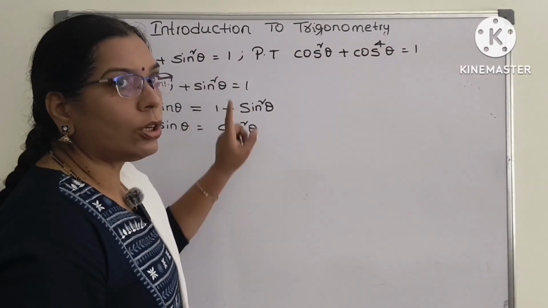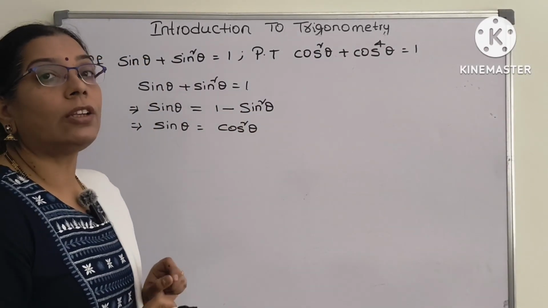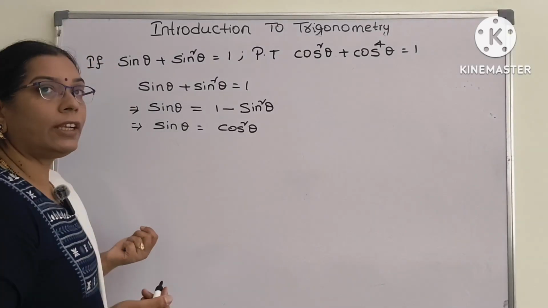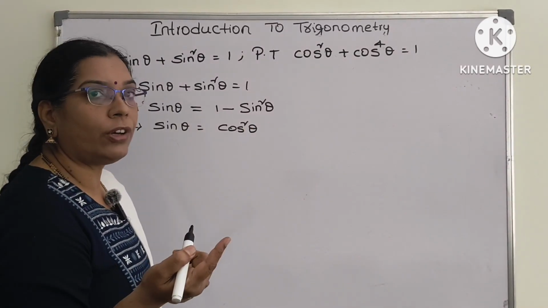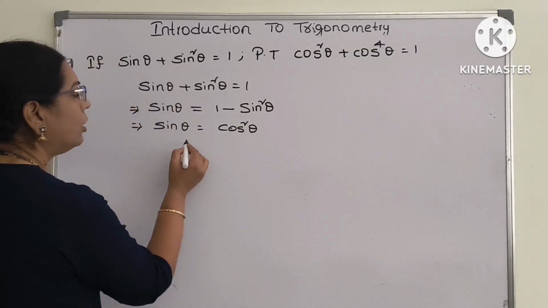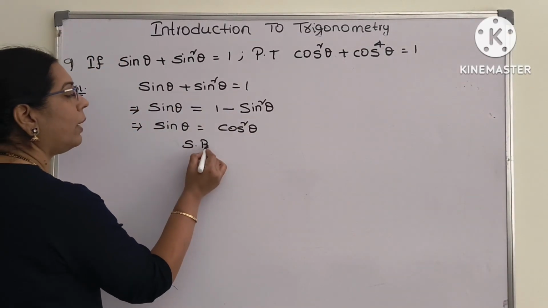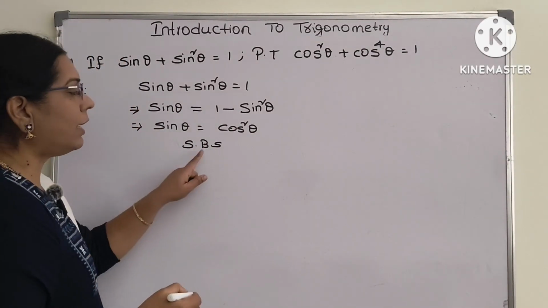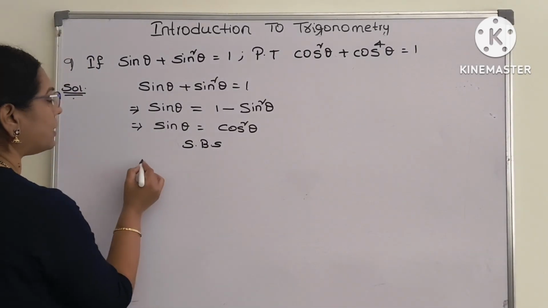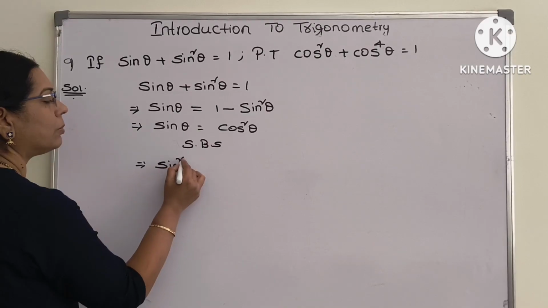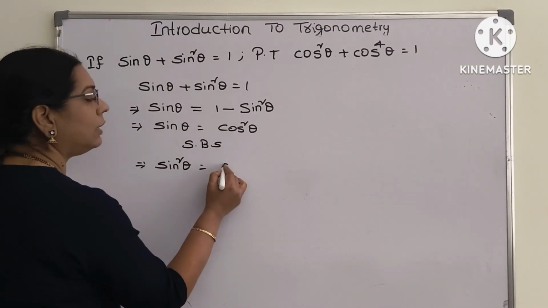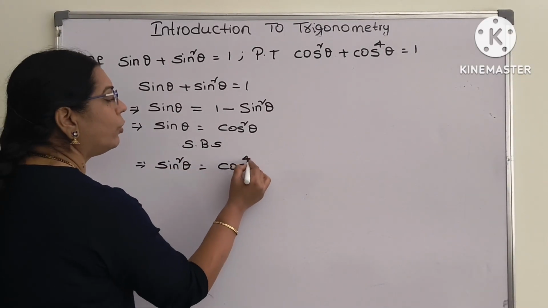Now I got cos square. Now I need to get cos power 4. How to get cos power 4? Cos square theta, how can it become cos power 4? Yes, by squaring it. So I will square on both the sides. When I square on both the sides, sin theta will become sin square theta, cos square theta will become cos power 4 theta.